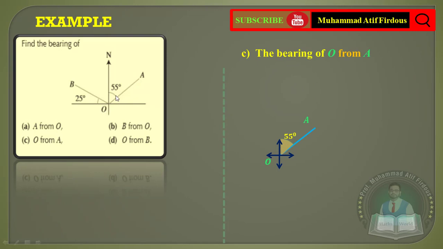But in this part, we have to find the bearing from A, so we have to make a north line at point A.